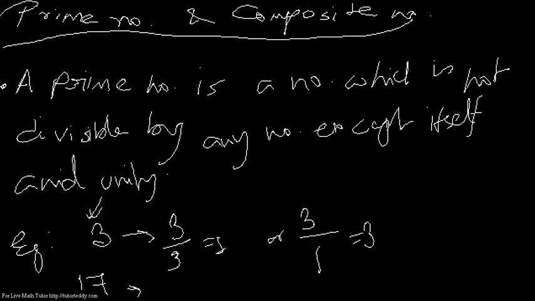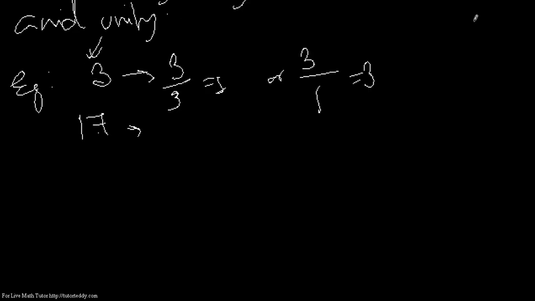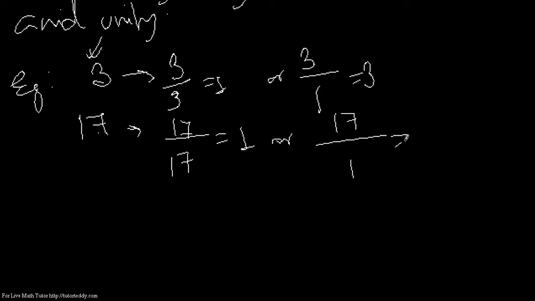So what we can see here, this number 17 also, I can either divide by 17 itself, that means 17 divided by 17 I can do to get 1, or I can do 17 divided by 1 and I get answer 17. So these numbers 3, 17, these numbers which are not divisible by any other number except itself and unity are called prime numbers.